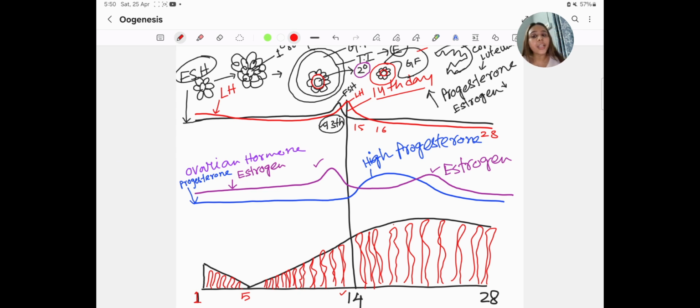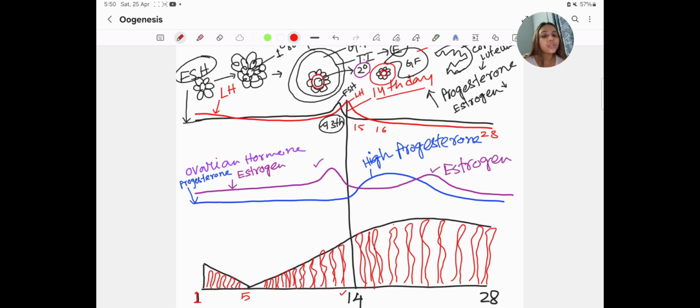So if anyone wants to become parents, that is the high time, because it's after the 14th day. Ovulation has already occurred. Now this ovum is released and still waiting for sperm to fertilize it. If there is sperm, it will fertilize it and the baby will be produced.